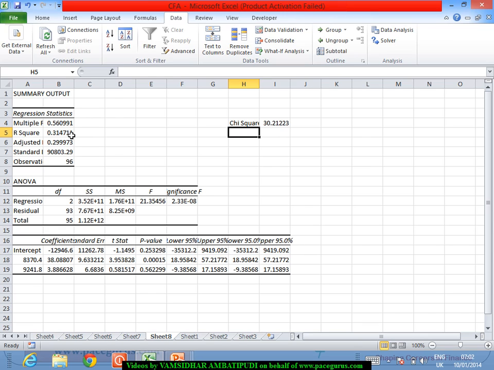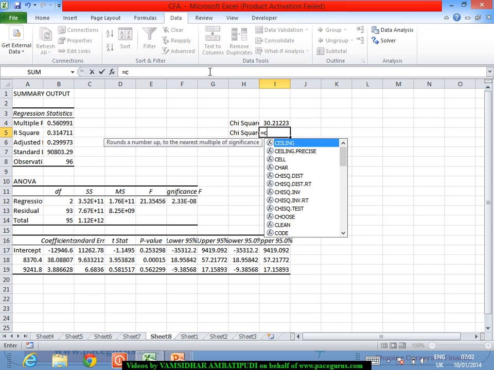For the data, the k degrees of freedom is the number of independent variables in the regression. So I am taking the chi-squared critical value assuming k degrees of freedom, which is 2 degrees of freedom.